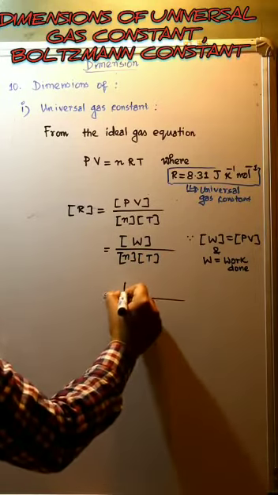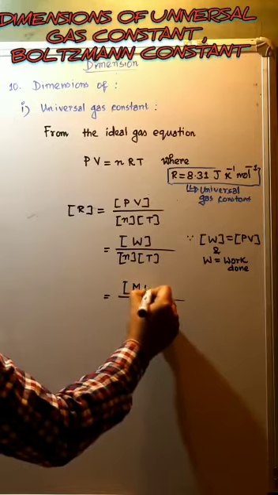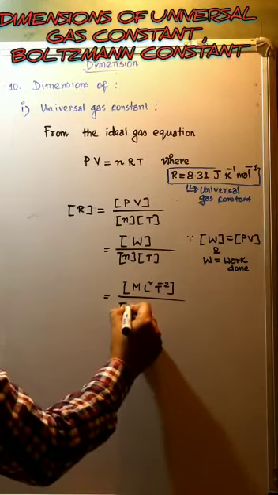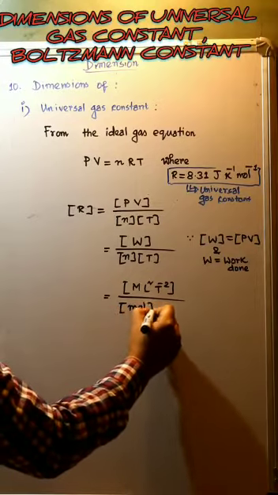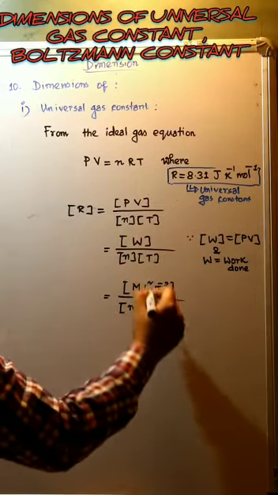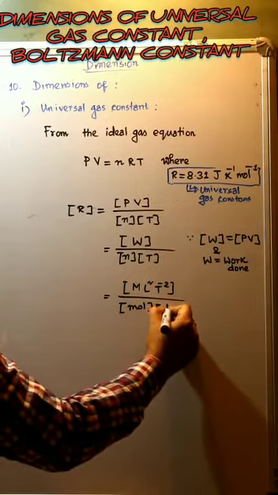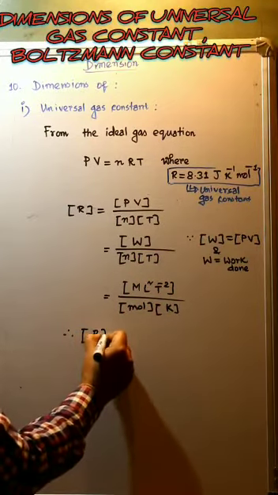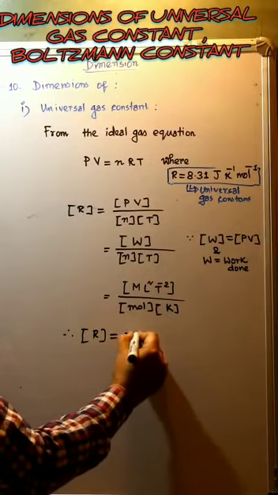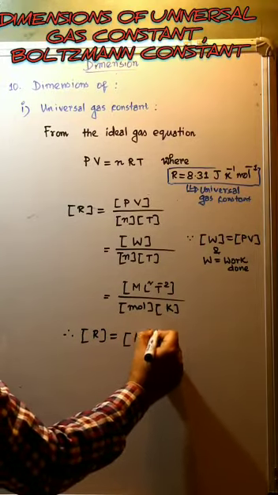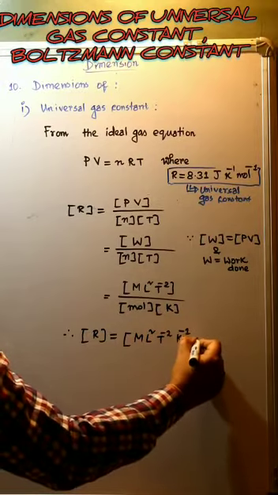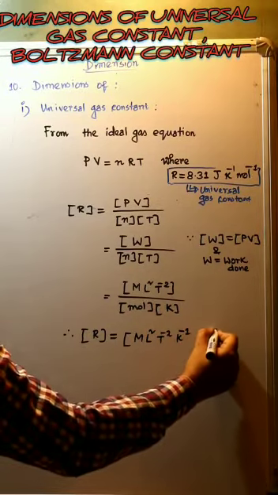Now the dimension of work done is, we know, M L square T to the power minus 2. Dimension of n means mole, and dimension of T means absolute temperature, which is Kelvin. So finally we get the dimension of universal gas constant as M L square T to the power minus 2 Kelvin inverse and mole inverse.